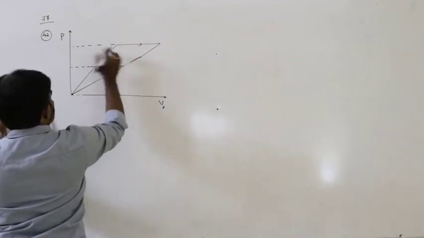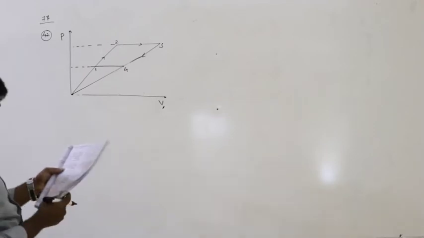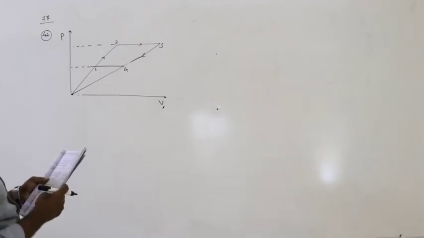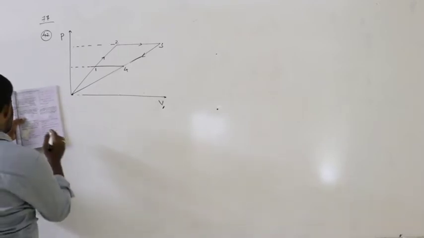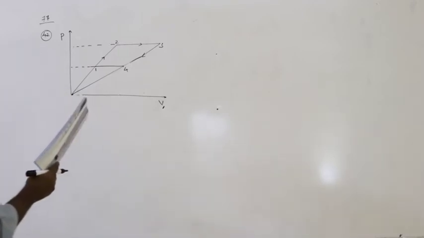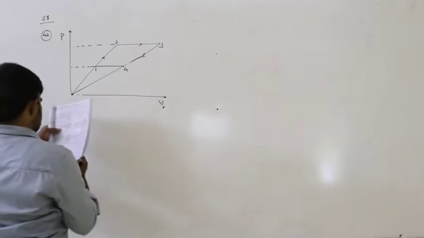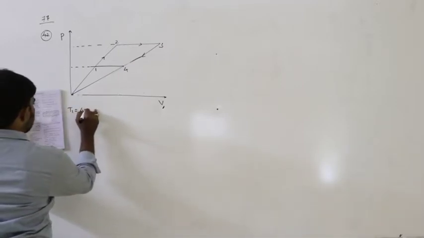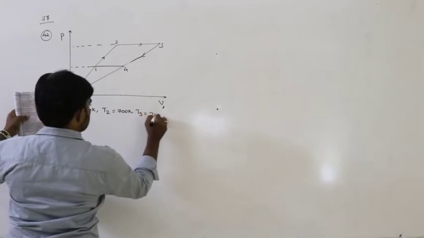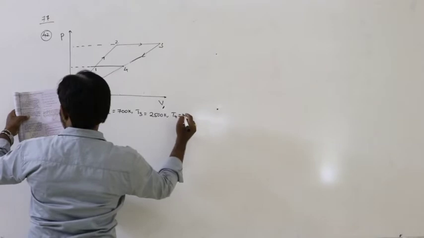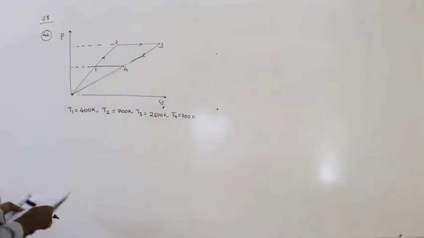So let us say it is 1, 2, 3, 4. So given that the temperature T1 is 400 Kelvin, T2 is 700 Kelvin, T3 is 2500 Kelvin and T4 is 1100 Kelvin.